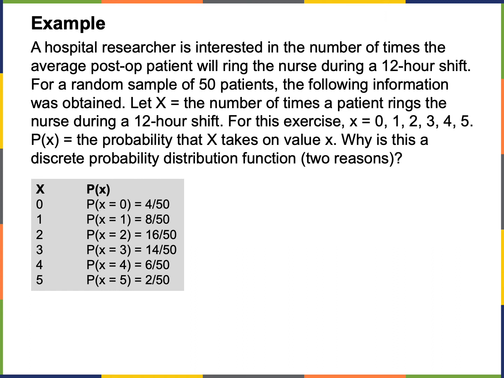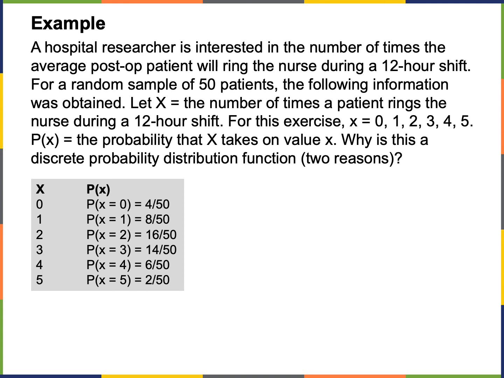So this is also a 50 patient situation. Let X be the number of times a patient rings the nurse during the 12-hour shift. So the patient either rings the nurse 0 times, 1 time, 2 times, 3 times, 4 times, or the max, 5 times. So why is this a probability distribution function?